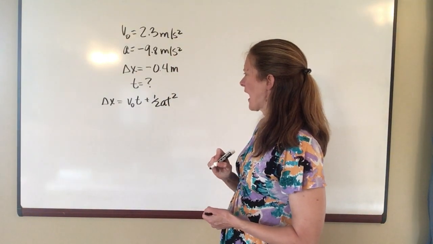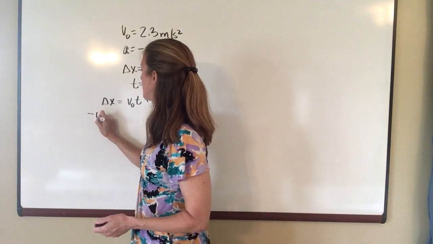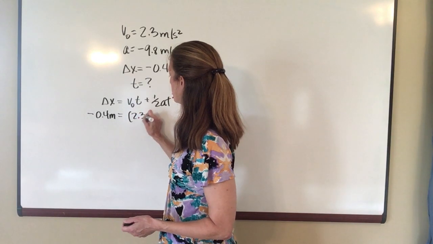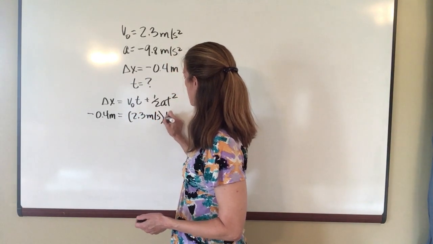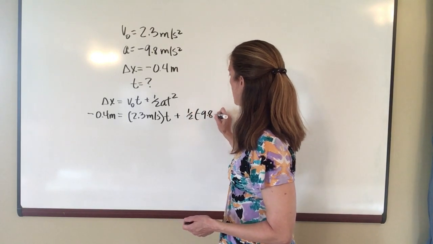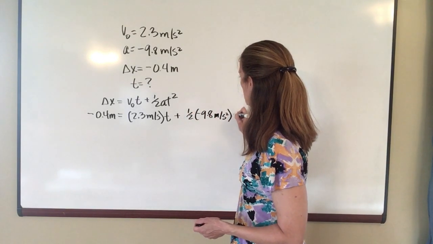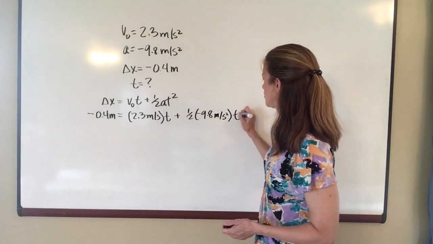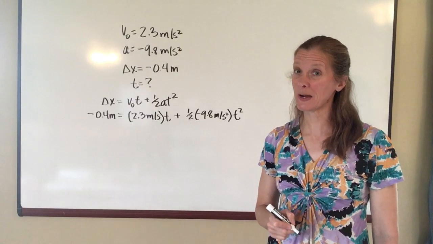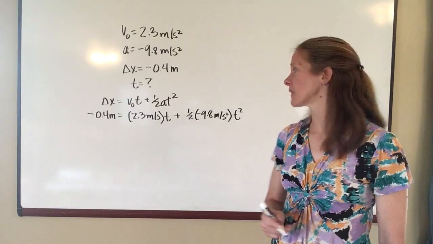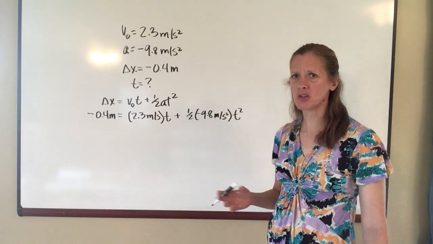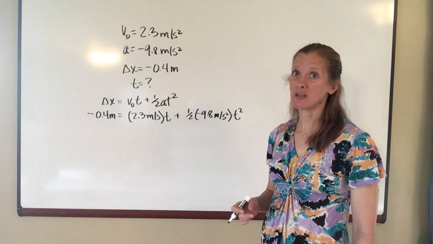So when I plug everything in, I'm going to have a negative 0.4 meters equals v sub 0, which is 2.3 meters per second, times t, plus 1/2 times negative 9.8 meters per second squared times t squared. So now all I have to do is solve for t. Do you see a problem? I see a problem because I have both a t and a t squared. How am I going to solve for that? You have to use the quadratic equation.